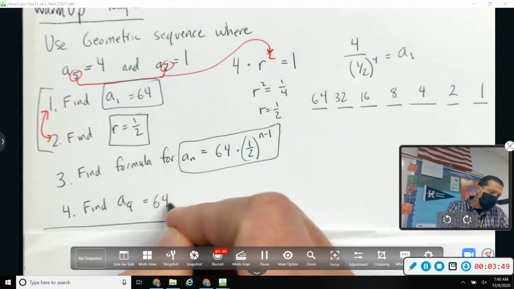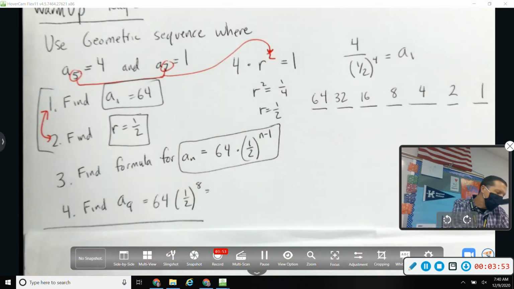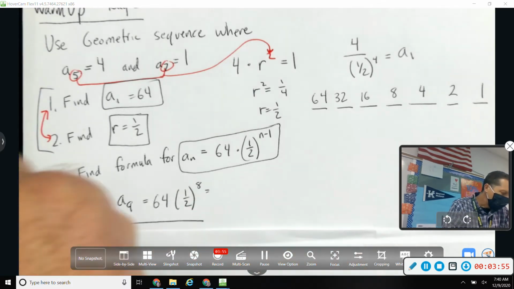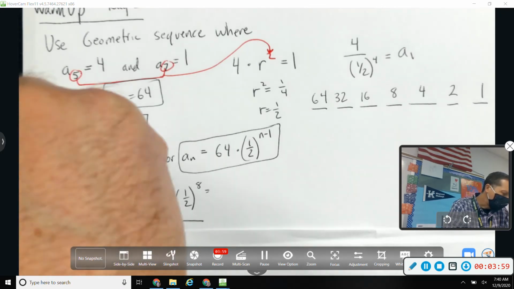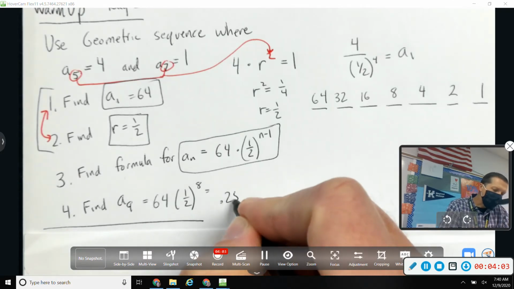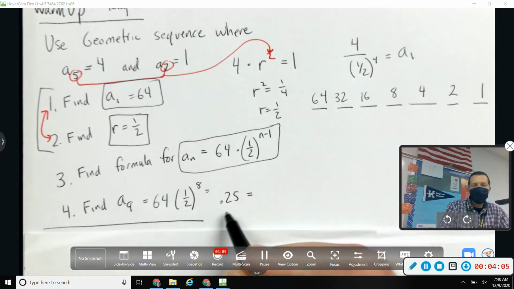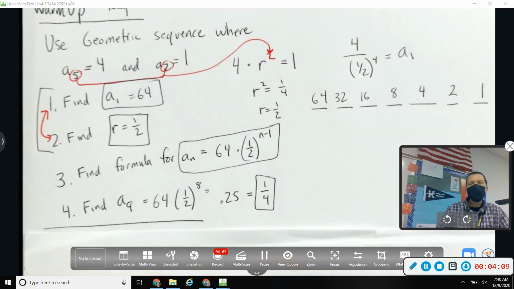A9 would be 64 times (1/2) to the 8th. Your calculator tells you that's 0.25. That's an exact answer, so that would be okay, but 1/4 might be a better answer.